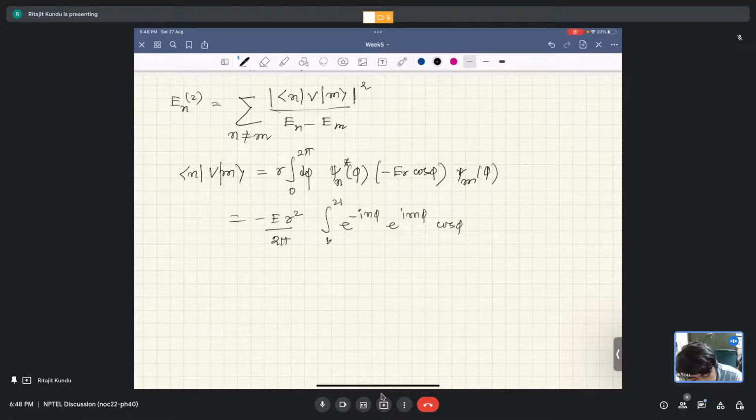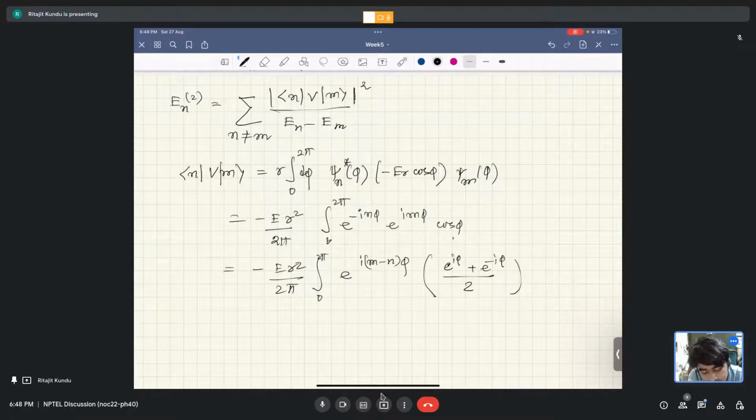Let us see whether this is 0 or not. Now this becomes e to the power i m minus n phi. You can also expand the cosine in terms of e to the power i phi's. Cosine is e to the power i phi plus e to the power minus i phi, divided by 2.